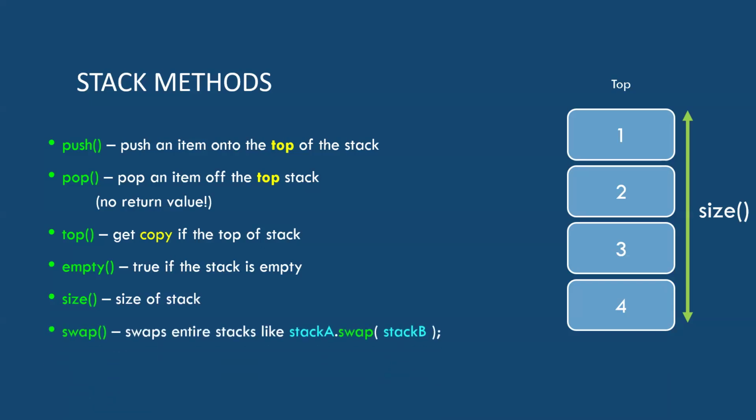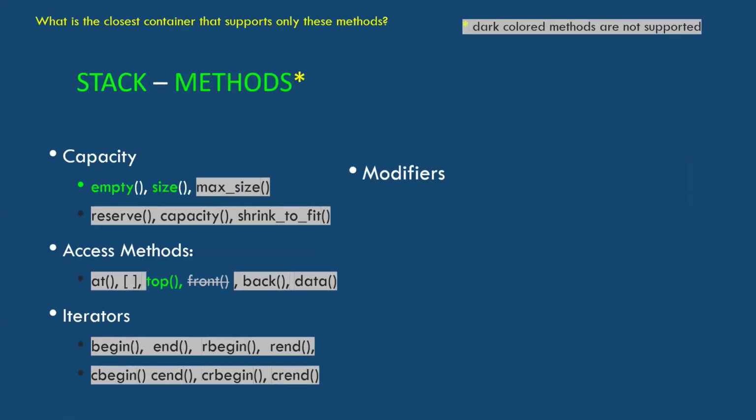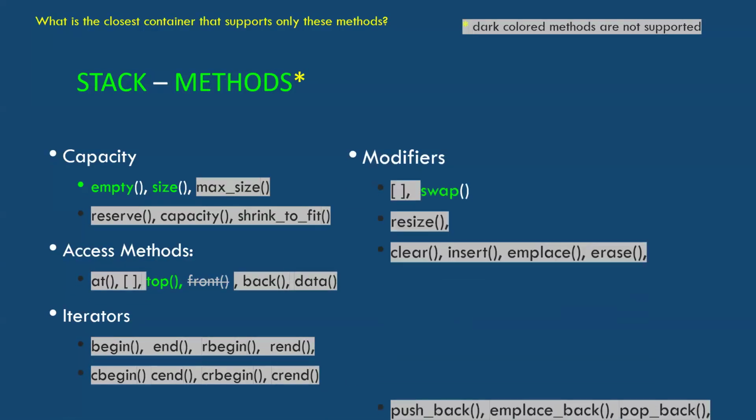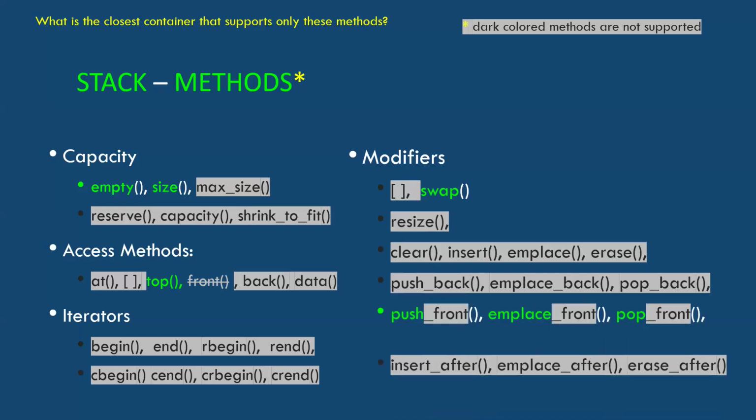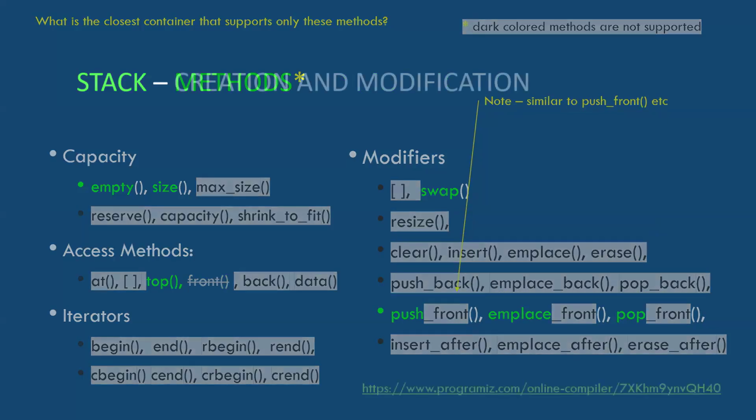And then I can swap two stacks, stack A dot swap stack B. But otherwise it's super simplified, okay? So if you look at all of the methods in gray that all of the containers support, we don't really allow that much stuff to be used. Push, pop, emplace, we don't really go into, but you can see they're all fairly simplified here, okay? And that's a good thing. It just makes it easier to work with, okay?